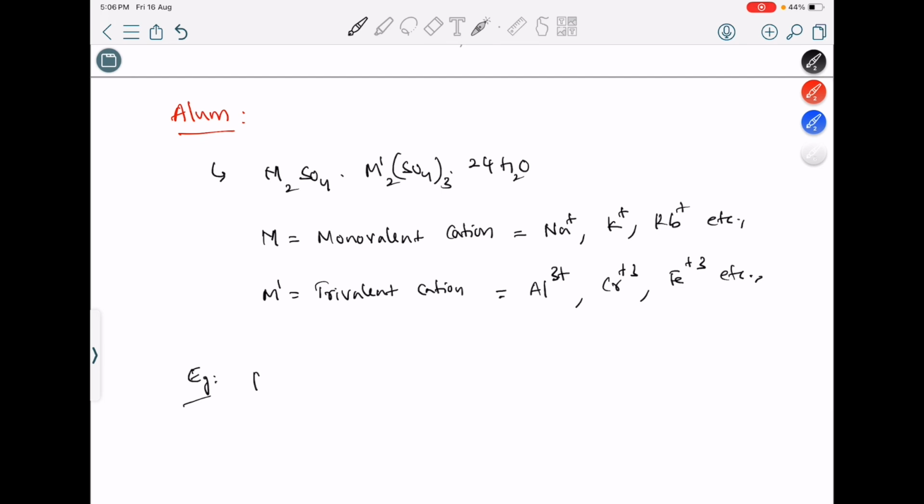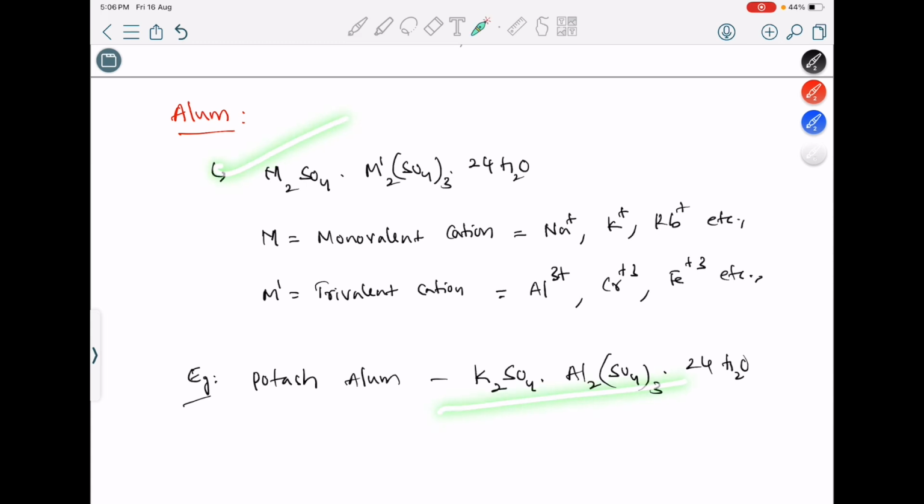We have this famous example, which is potash alum, with the formula K2SO4·Al2(SO4)3·24H2O. If you compare this formula with the general formula, here we have the potassium ion, which is a monovalent cation, and we have aluminium, which is a trivalent metal atom. So this is an example of alums.